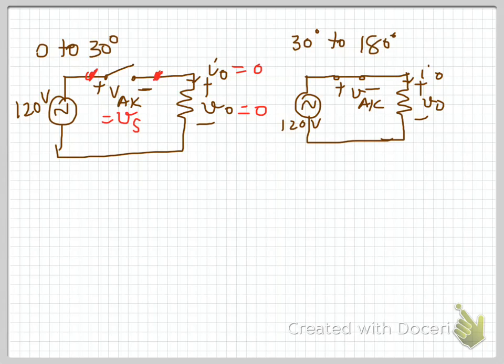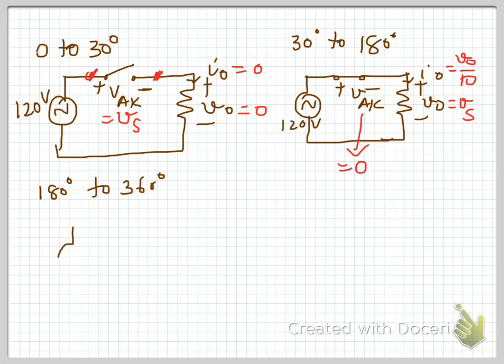Now for this circuit diagram, your output voltage equals the source voltage, and then IO equals VO over 10 ohms, and here VAK, since it's conducting, equals 0. Usually it's 1 to 3 volts, but you can take it as 0 because we are assuming an ideal switch. Okay, the next one is for the negative half of the supply, which is 180 to 360 degrees.